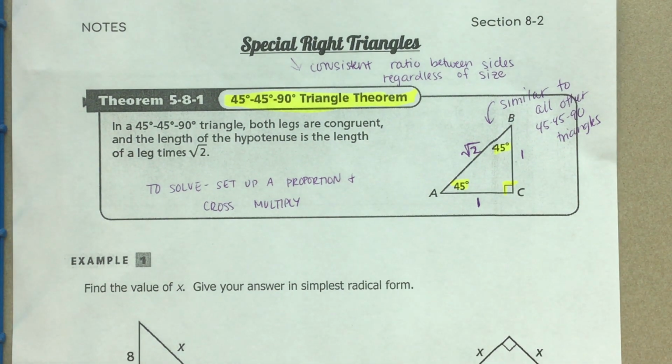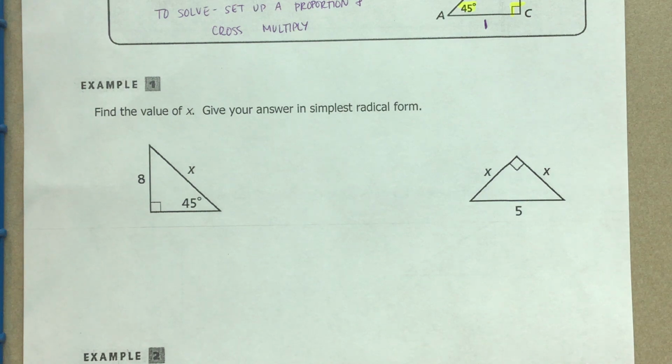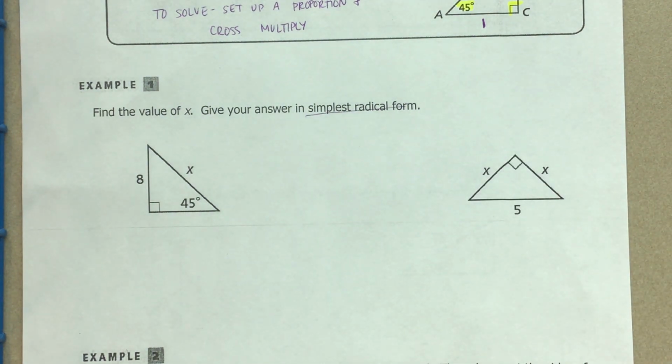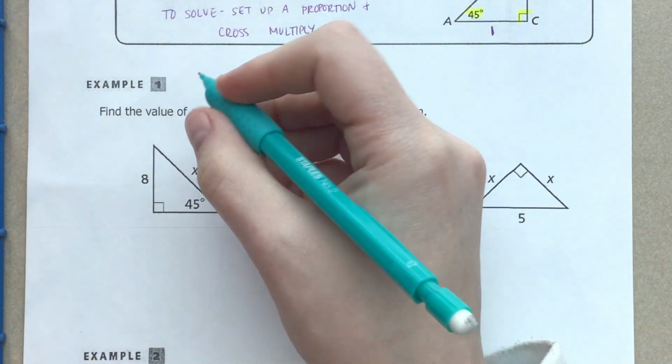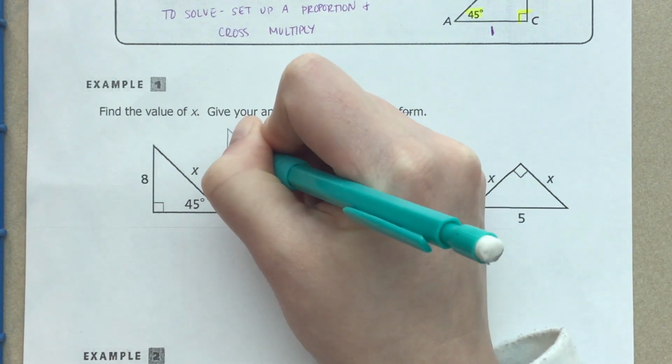So let's do that, shall we? We have an example 1. It says find the value of x, give your answer in simplest radical form. So we want to make sure we're paying attention to that. We have a 45-45-90 triangle. I'm going to draw another one right beside it with our measurements on it so you can see the similarity. So let's say we have this 45-45-90 triangle.